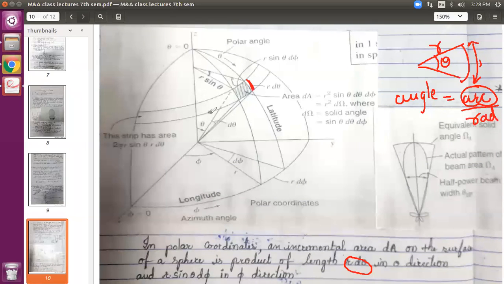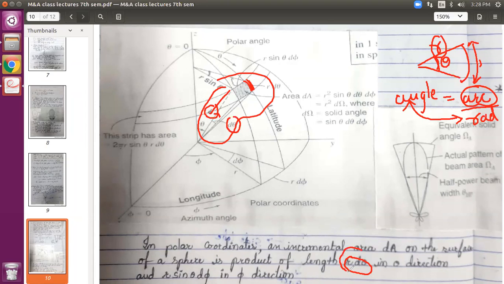Angle is there, radius is there, both are there. Arc is unknown to us. So how to find the arc? Angle into radius. So what is the angle? Theta into r. But here in our figure, check what is the angle? It is d theta. d theta into r. That's why we get r into d theta as one length. I hope you got this point.